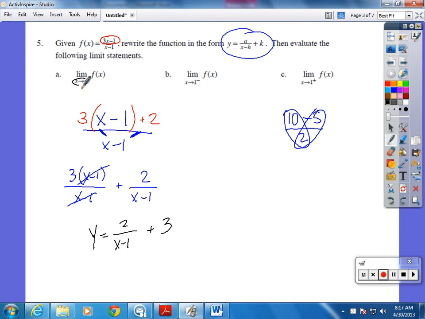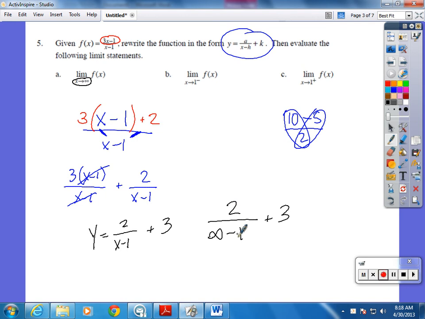X is going to infinity. So if I put infinity in here for x, I'm going to have 2 divided by infinity minus 1 plus 3. What is infinity minus 1? It's still infinity. And any number divided by infinity equals what? Something over big equals small.